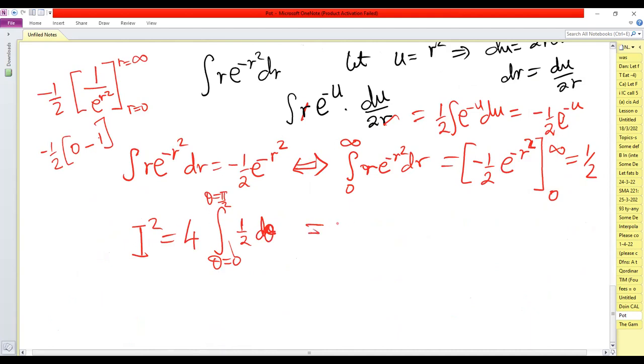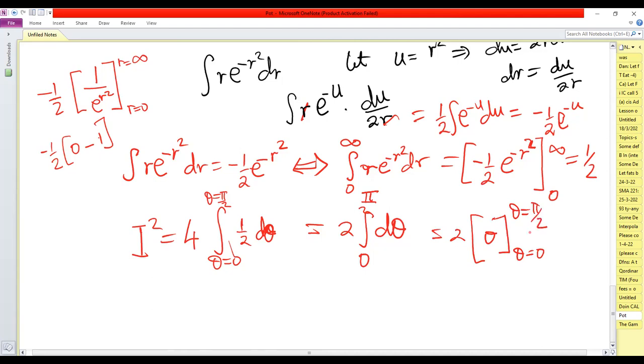Factoring out the half, we get twice the integral from 0 to pi over 2 of d theta. The integral of 1 d theta is just theta, with theta from 0 to pi over 2. So this will be twice the upper limit pi over 2 minus the lower limit 0. So 2 times pi over 2 is just pi.